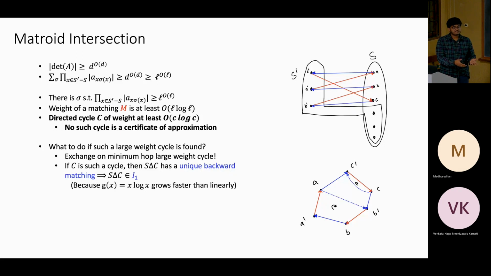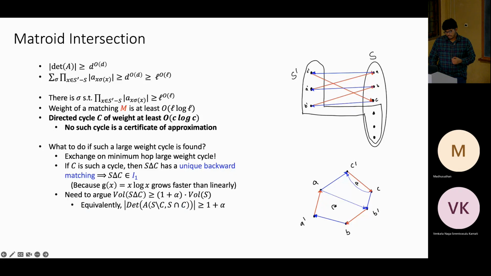When I'm trying to find a size 2 large cycle, I invert all the weights, add 2 log 2, order 2 log 2, and I see if there's a negative cycle. If I don't find one, then I move on to the next size. In fact, it will find the minimal negative cycle if I keep doing this.